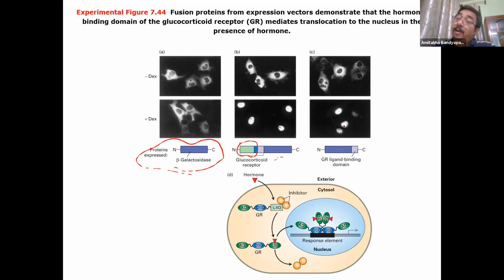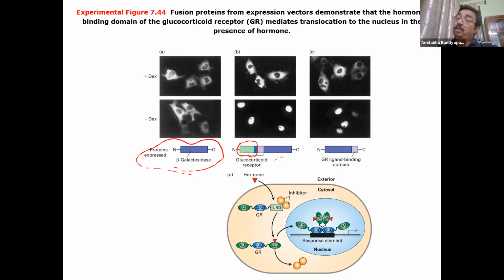And if you remember, this is exactly the property that was utilized when scientists developed the conditional knockout. The Cre recombinase is fused with a mutant version of the estrogen receptor, which has a much lower affinity towards natural estrogen, but very high affinity towards an analog of estrogen called tamoxifen.